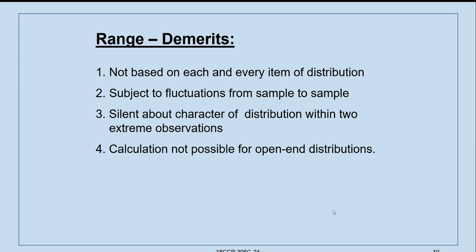In continuous series, if the series is open-ended, we cannot calculate. That means less than, above, we cannot calculate. For example, less than 30, 30 to 40, 40 to 50, 50 to 60, 60 to 70, we cannot calculate. First of all, that should be converted to a normal frequency and then calculate it.